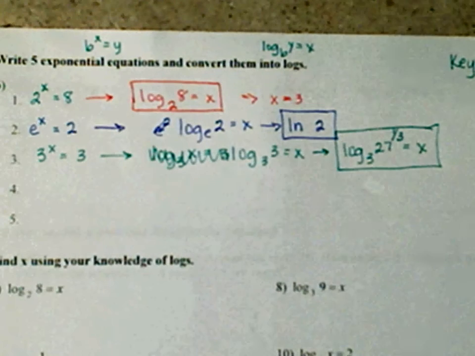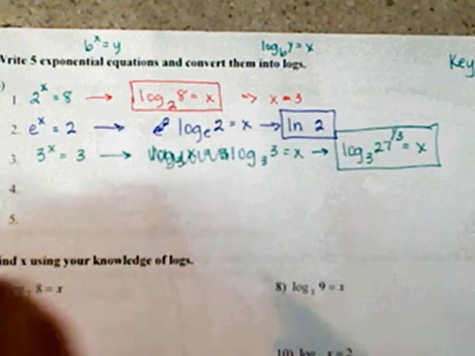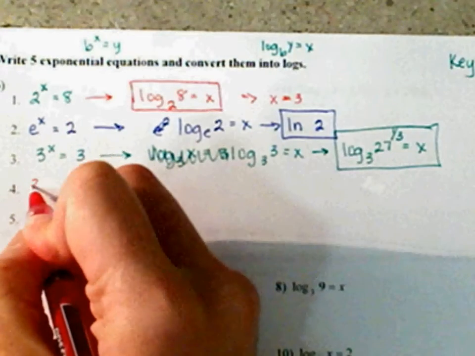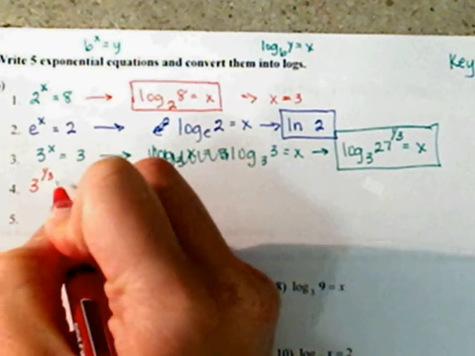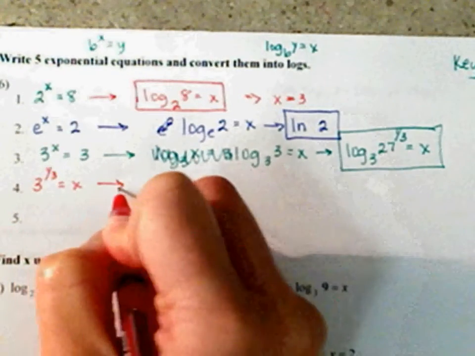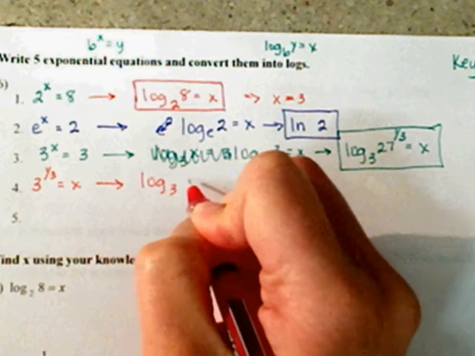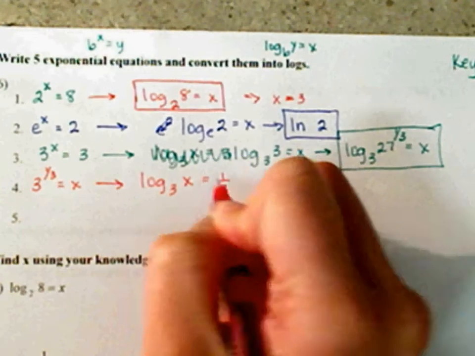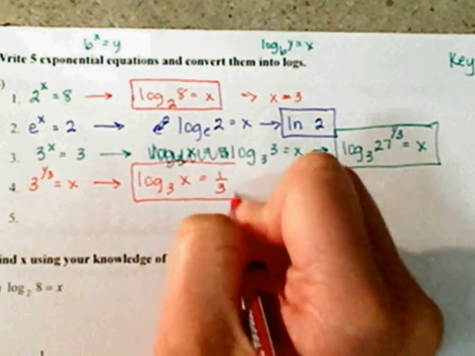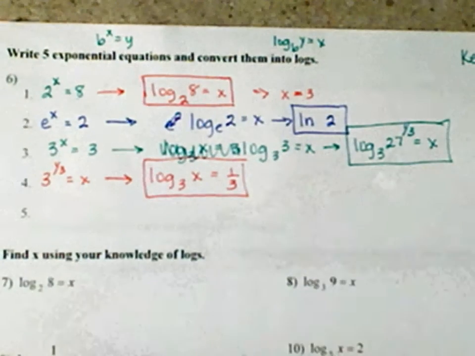Another exponential that you could write is maybe 3 to the 1/3 is equal to x. So how would you write that as a logarithm? So you would write log base 3 of x is equal to 1/3. So there's another one. Alright.